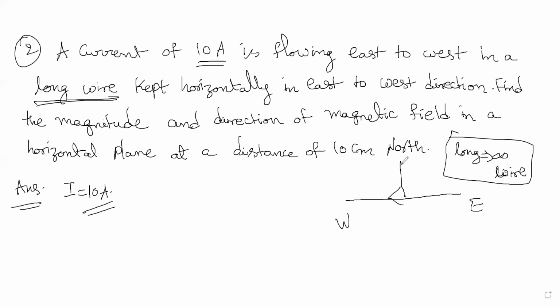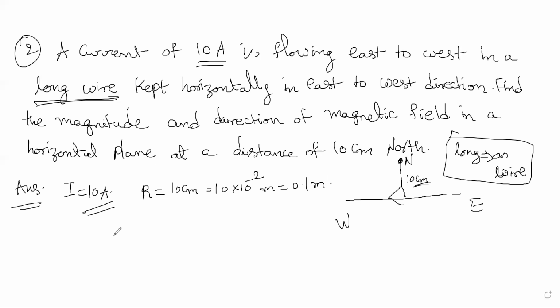The point is about 10 centimeters away from the wire. So the distance of the point, that is r, is about 10 centimeters. That is 10 into 10 to the power of minus 2 meters, so that is 0.1 meters. That's the value of r.